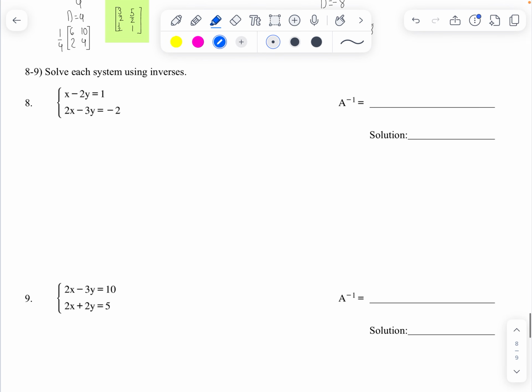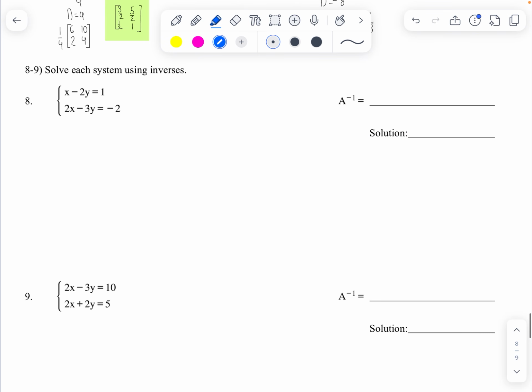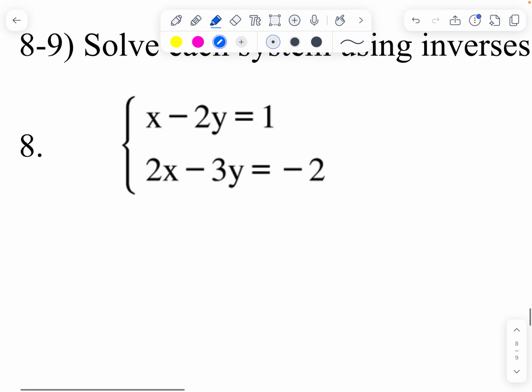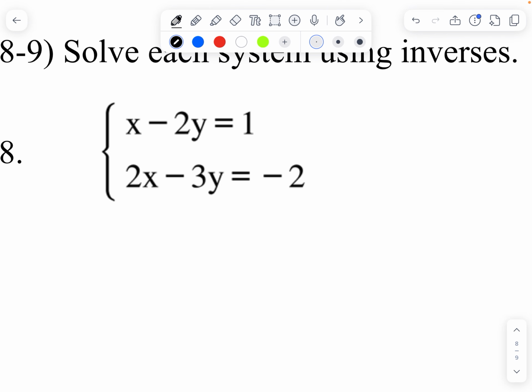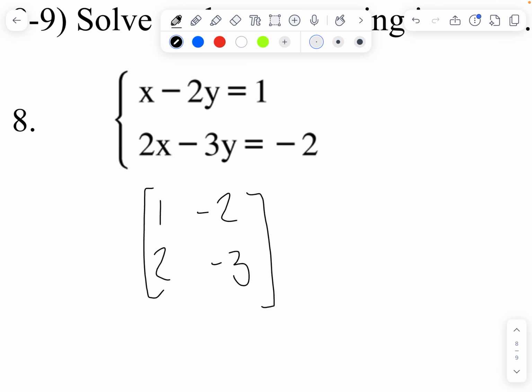And now, there are 2 more questions left. Okay, so let's speed run this. This turns to 1, -2, 2, -3. And if you do this, the determinant equals 1.